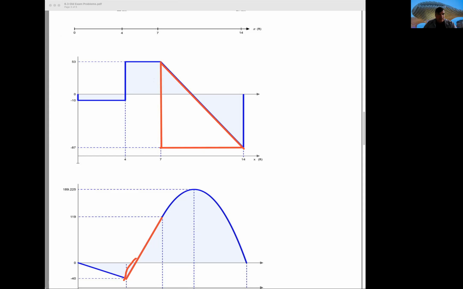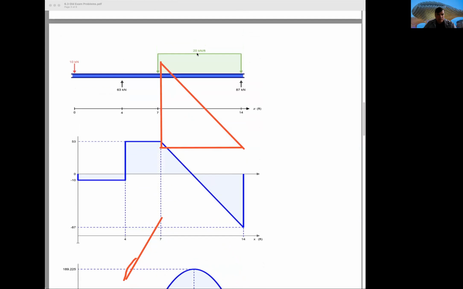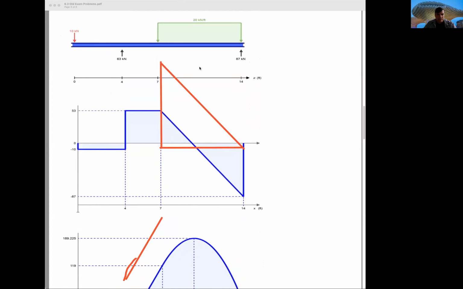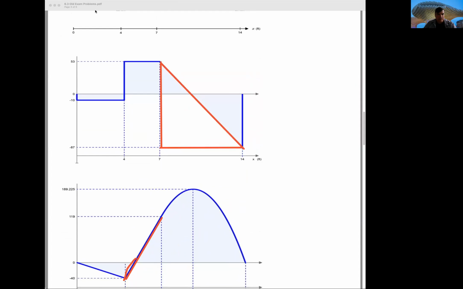Obviously, the value of that triangle is 87 plus 53. That is exactly what we have here. 20 multiplied by 7, that is 140. Well, we have a triangle that has on one side 140, and on the other side 7.